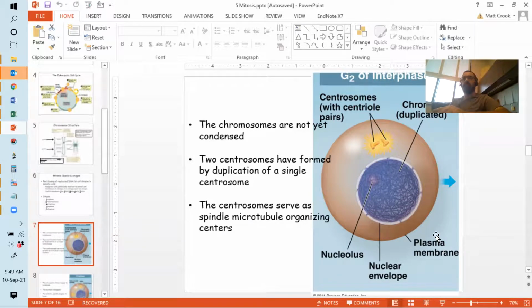How do you get to those chromosomes? We have a nuclear envelope or nuclear membrane. What's got to happen to this? Can it stay there? No, it's got to dissolve, right? So the nuclear membrane has to disappear.